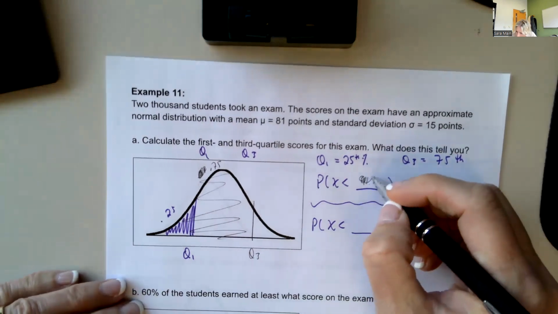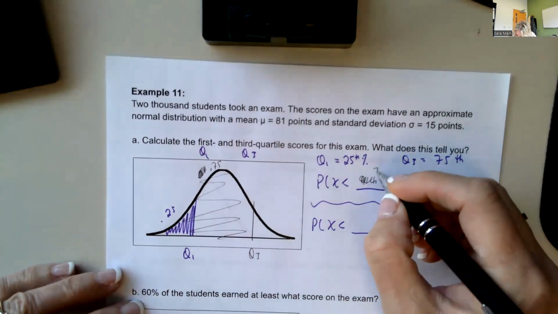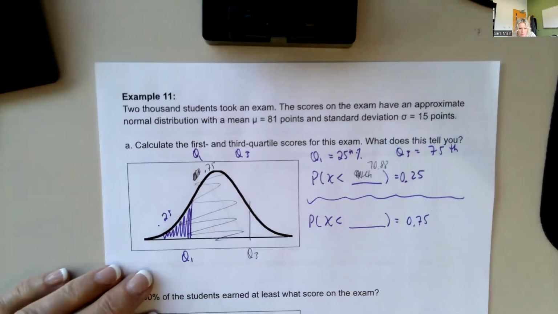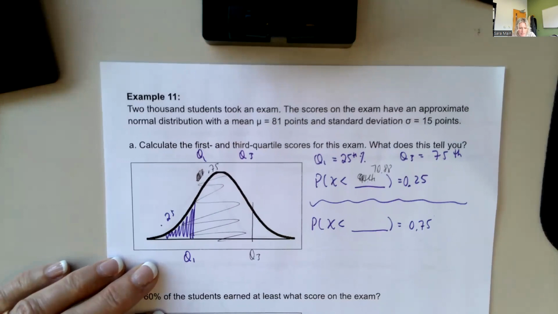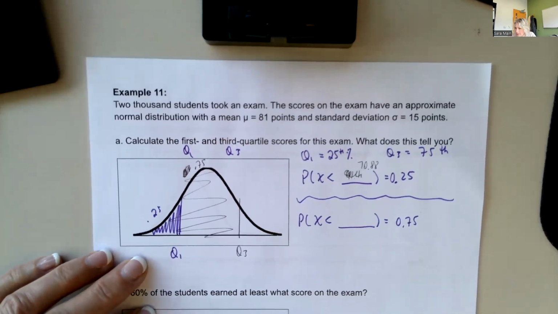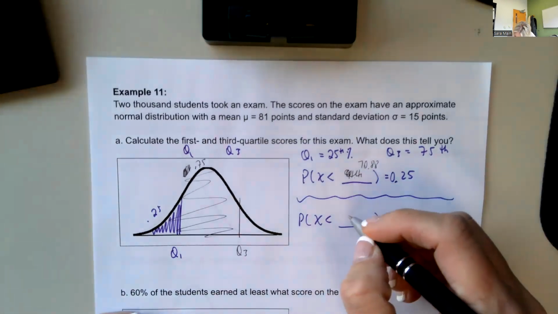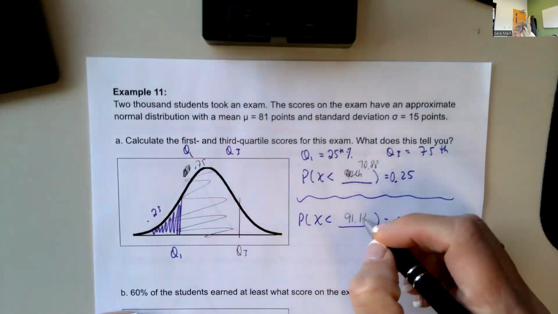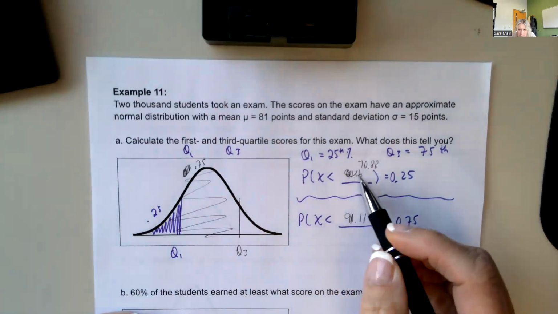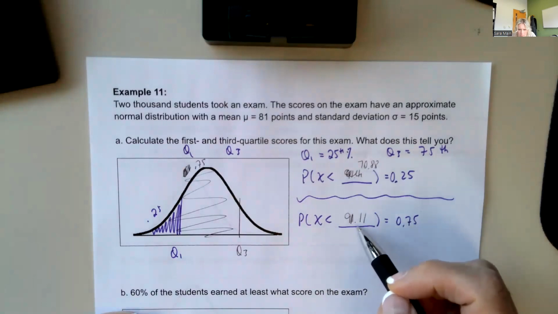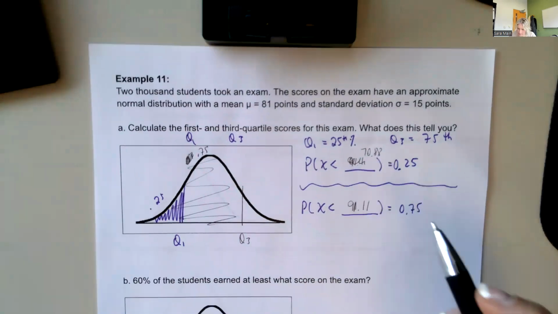I misspoke earlier. It's 70.88 because we're talking about the 25% here. Now the 75% is going to be higher than the mean, and that one's going to be 91.11. So 70.88 for the 25th percentile, and the third quartile will be 91.11.